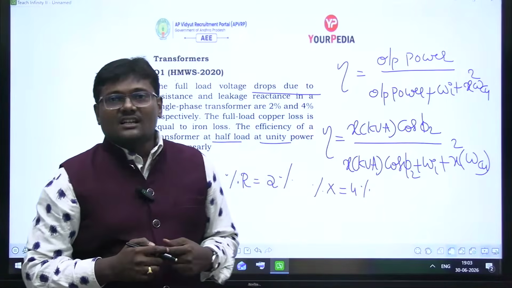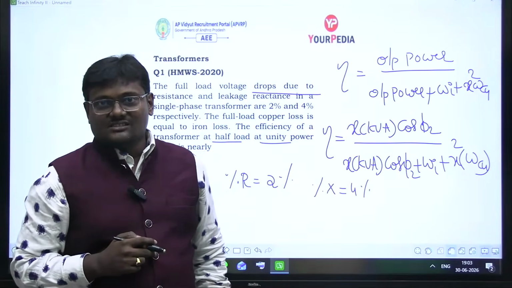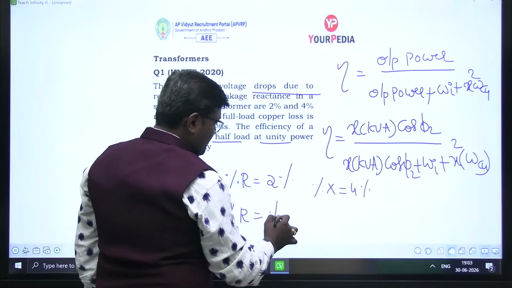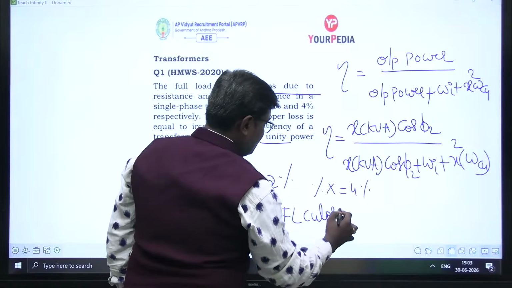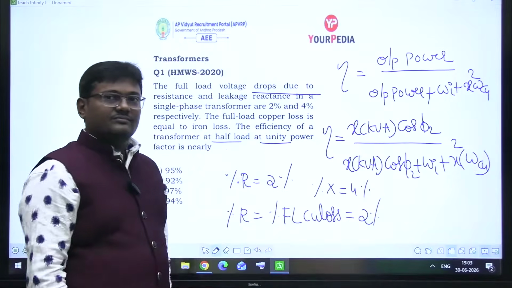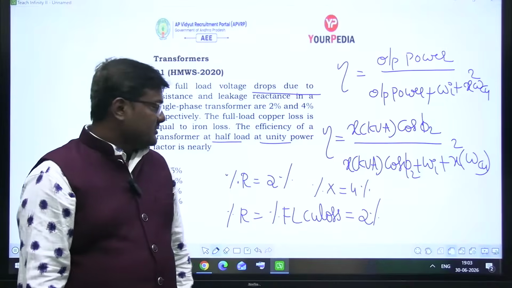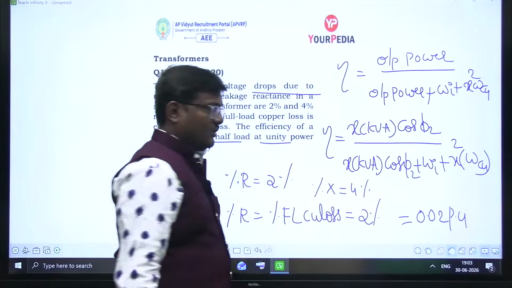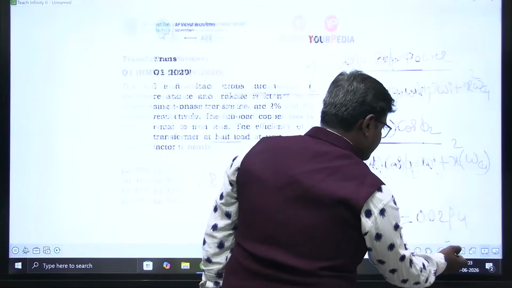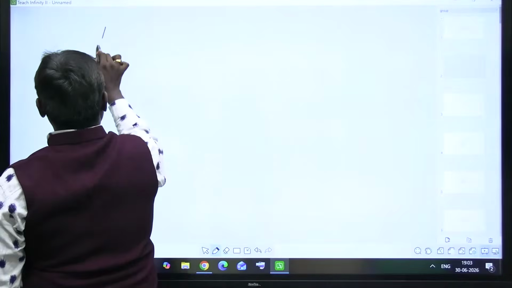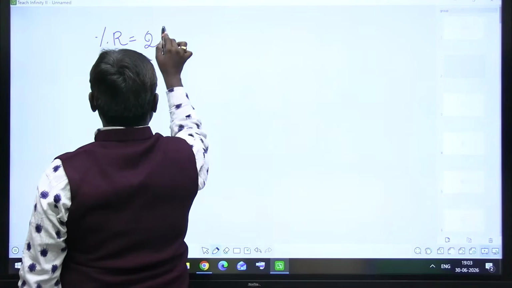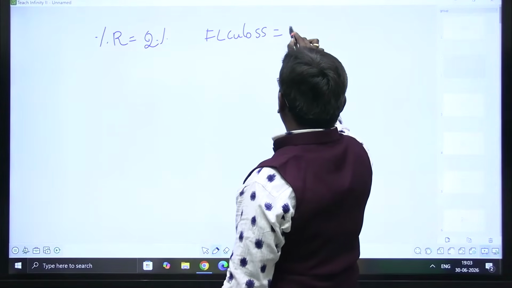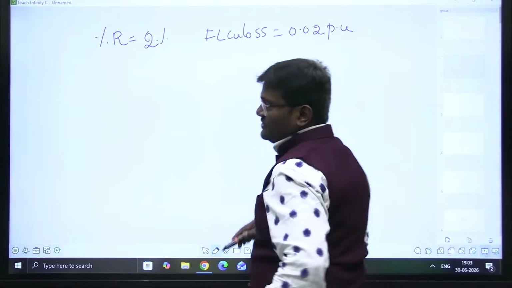That percentage resistance will represent the full load copper loss. Percentage resistance is equal to percentage full load copper loss, so that is 2%. In per unit, that is 0.02 per unit.